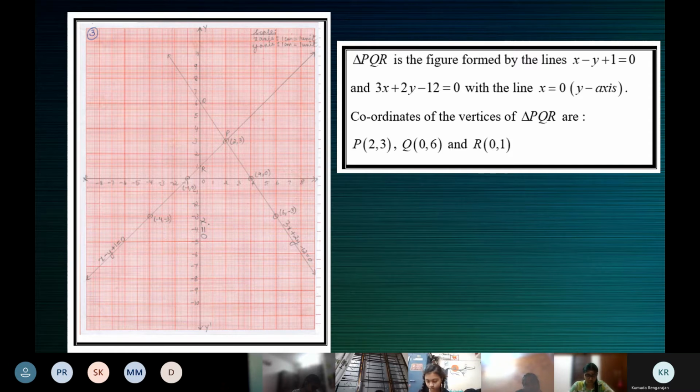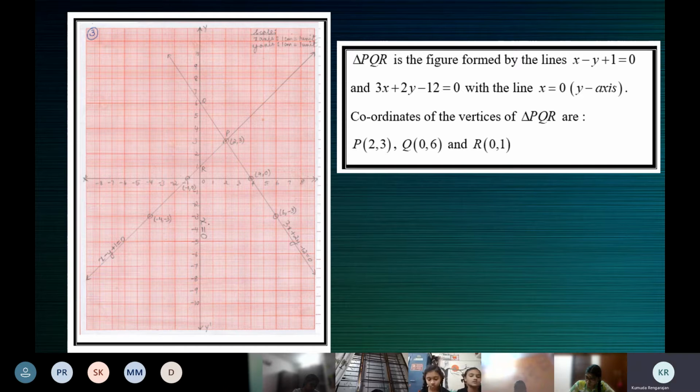Yes, ma'am. No, it's actually right. Perfect. Okay. Thank you, ma'am. Good, Rajeshwari. Then from Shreyas.